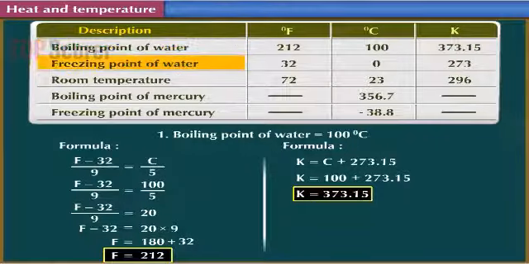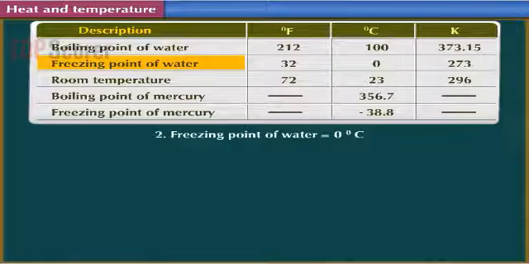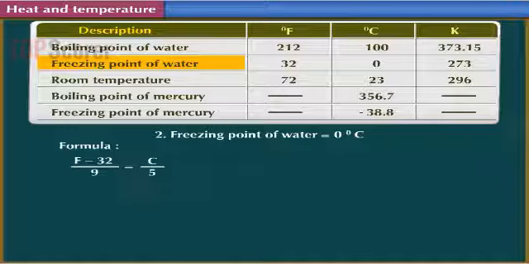Next is freezing point of water. 2. We know that the freezing point of water is 0 degrees Celsius. Let us convert it to degree Fahrenheit using the formula (F minus 32) upon 9 is equal to C upon 5. Thus, (F minus 32) upon 9 is equal to 0 upon 5.